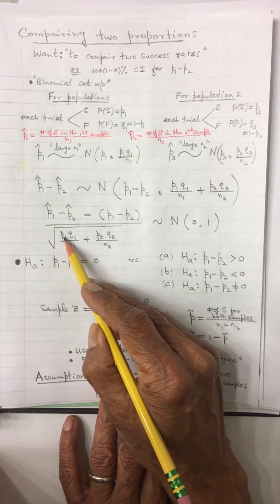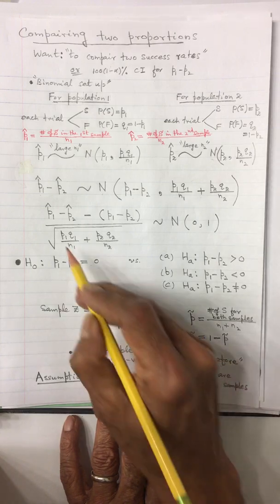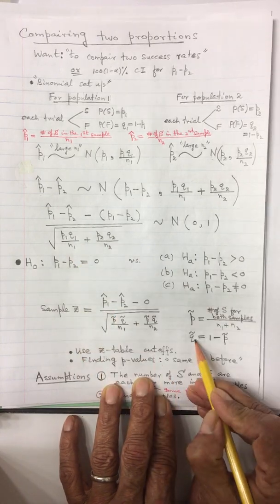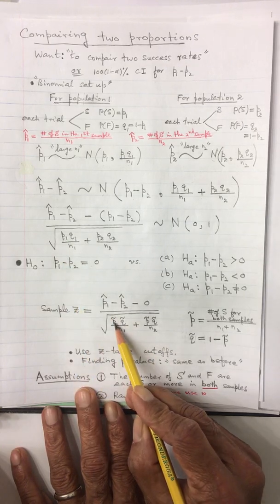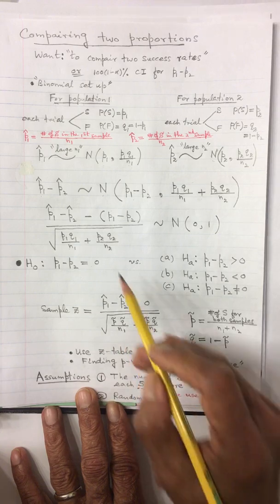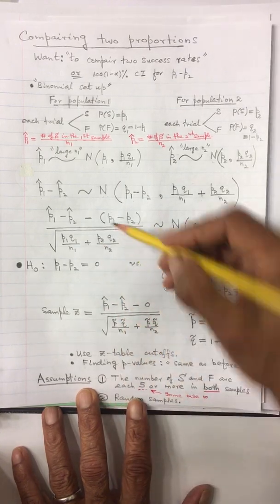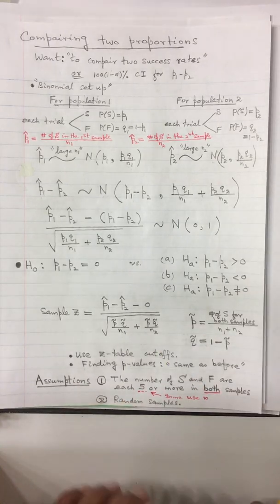So we replace P1 and P2 both by P tilde, and Q1 and Q2 both by Q tilde. So this is going to be P tilde, Q tilde divided by N1, and this part is going to be P tilde, Q tilde divided by N2.